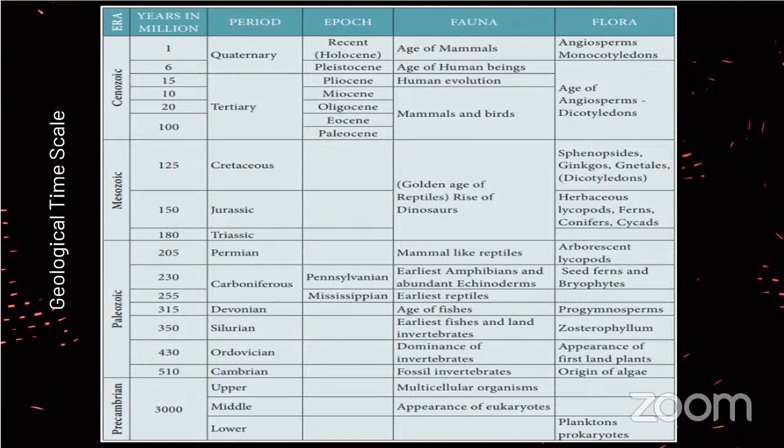The Tertiary is again Paleocene, Eocene, Oligocene, Miocene, and Pliocene, and the Quaternary is divided into Pleistocene and Holocene. Human evolution is at the top of the Tertiary, the Pliocene age, and mammals and birds are mostly observed in the early stages of the Tertiary, the Cenozoic era.